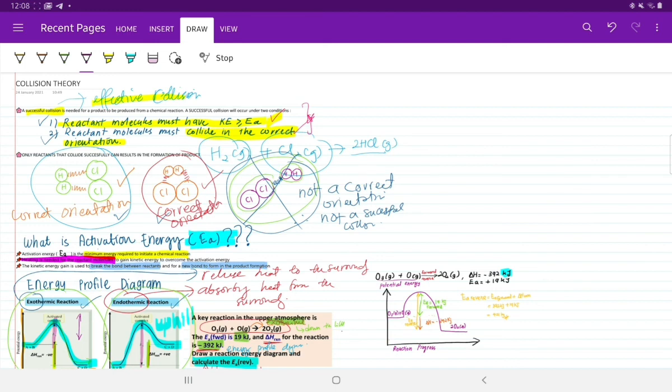I gave you examples on how to calculate the activation energy for the reverse reaction based on the given value and chemical equation for the forward reaction. And at the same time, I introduced you to activated complex and transition state theory.